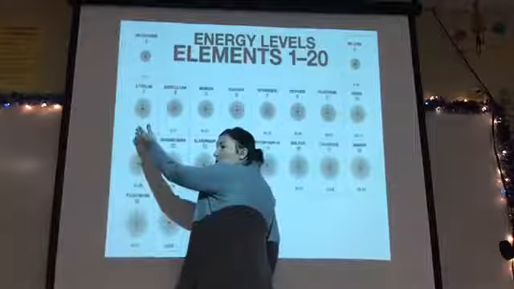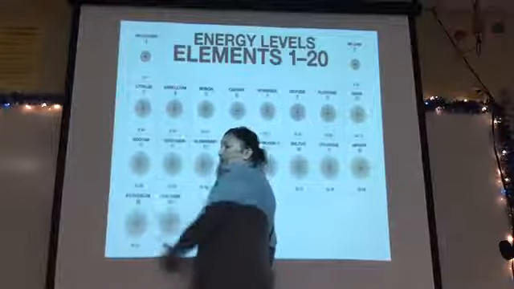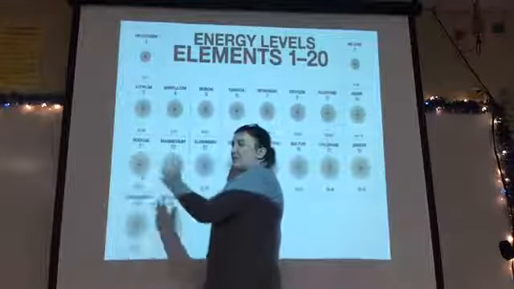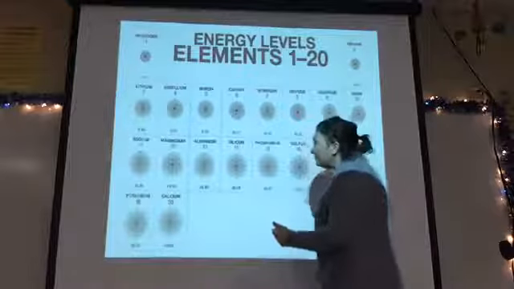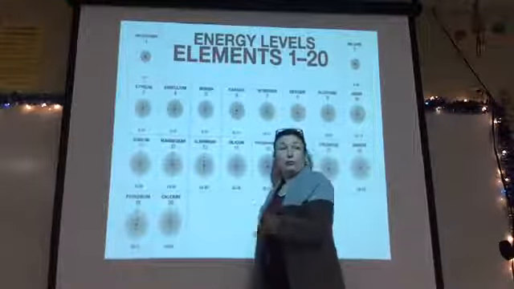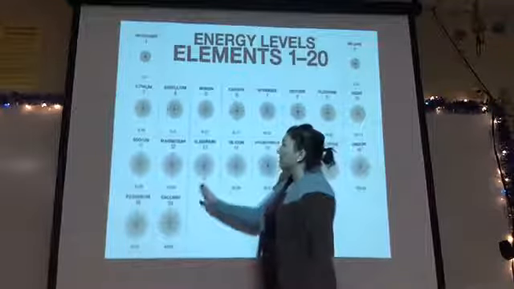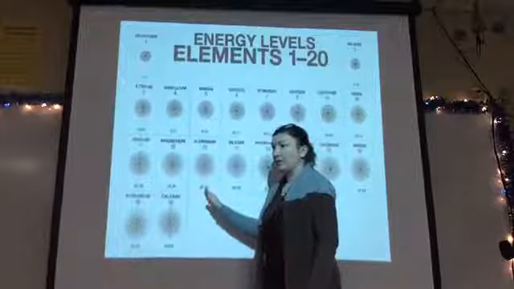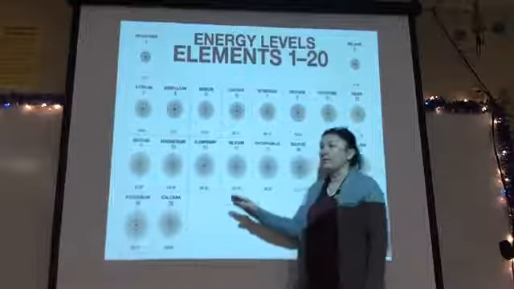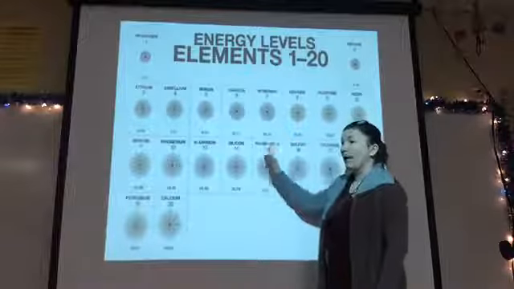Group 1 all has one valence electron. Group 2 all have two valence electrons. We skip the transition metals. They're not very much fun. Group 13, remember, used to be called 3A back in the day, has 3 valence electrons. Group 14 has 4 valence electrons. Group 15 has 5. Like that.